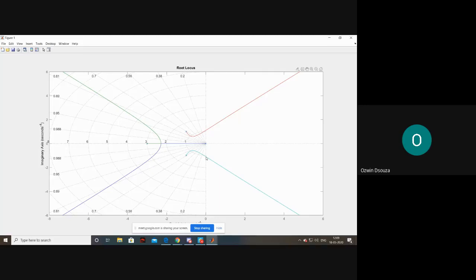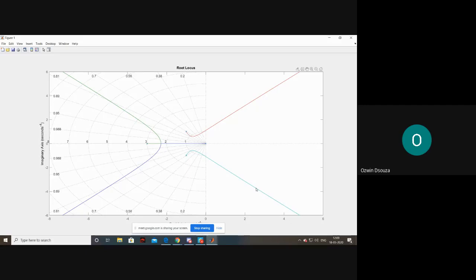And if k is increased beyond k marginal, which is 8.16 for this particular problem, the two roots start leaking into the right half of the s-plane, and thereby the system becomes unstable.